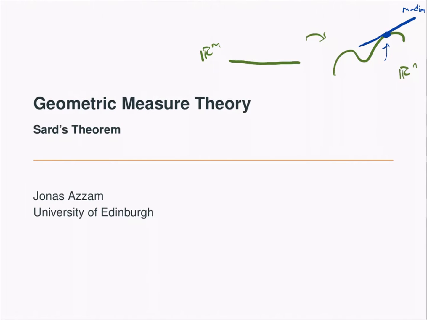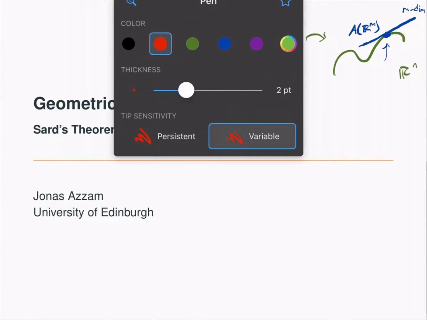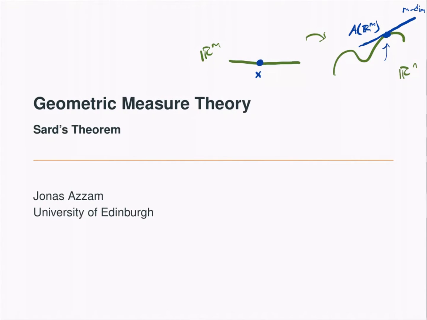Okay, so one way that you might try and prove this is saying, well, at almost every point in the domain, my Lipschitz function is differentiable, which means that on small scales around x, my function looks approximately like an affine map. And so that means that I can just take this plane to be the image of Euclidean space under this affine map. Now, the problem is that at almost every point the function is differentiable, but the derivative of the linear approximation may not always have full rank.